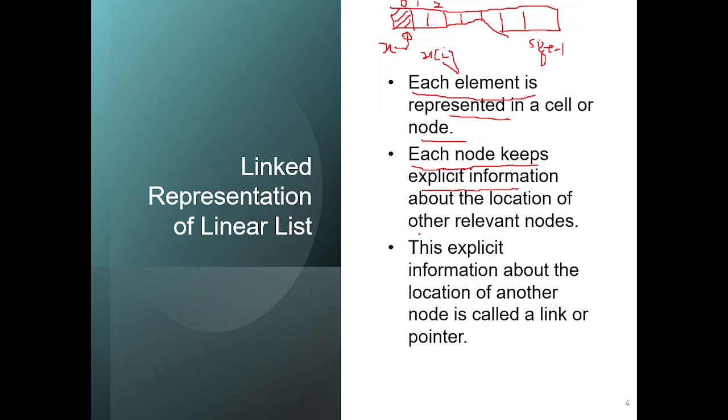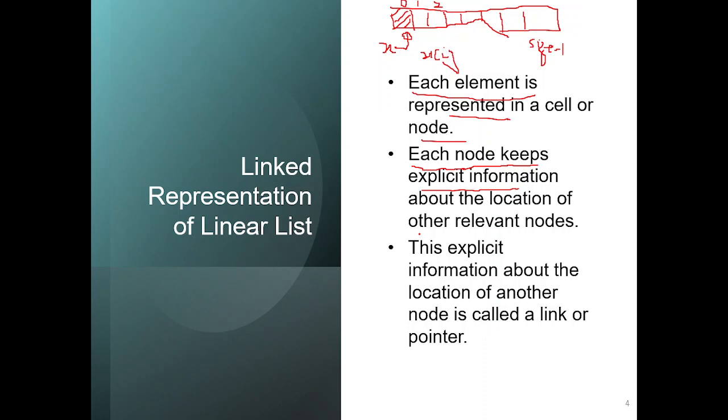For example, if we want to implement a linear list using the linked list representation, we are going to have multiple nodes or elements. We can call them nodes, elements, list items, or items.